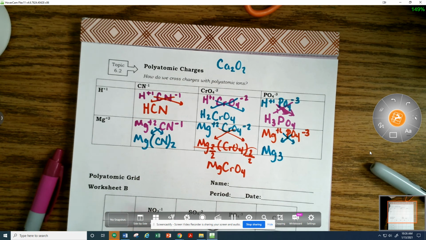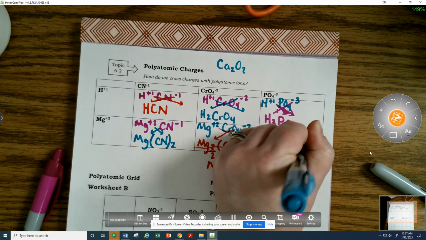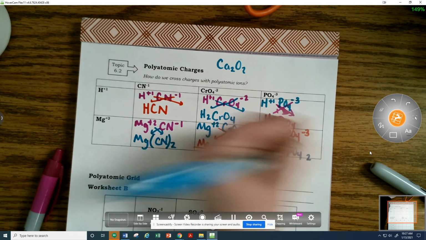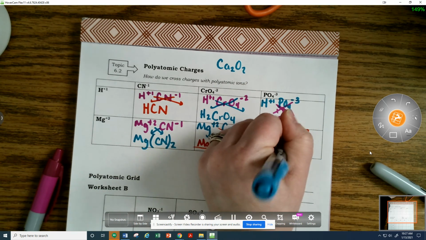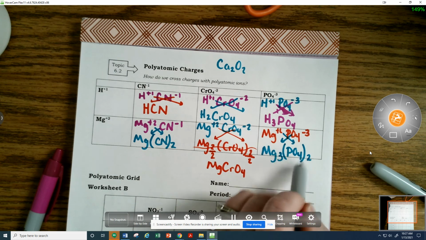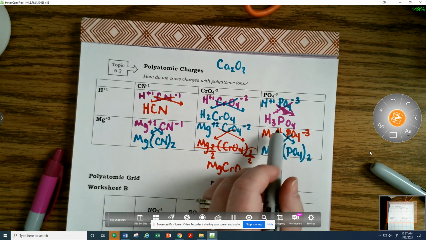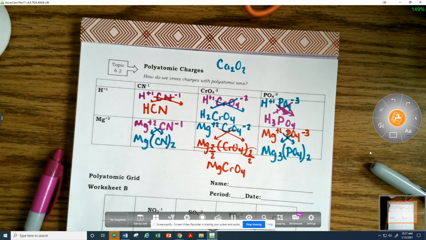It's a monatomic ion, so that 3 applies to the one element that's there. Now, the PO4 is a polyatomic, and it is getting a new subscript of 2. That is where you place the polyatomic with all its elements and all appropriate subscripts, like that 4 on the oxygen, and the subscript due to charge on the outside.